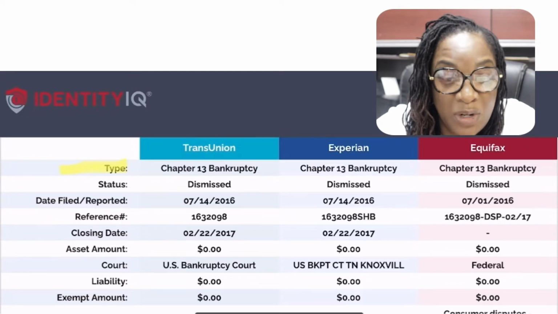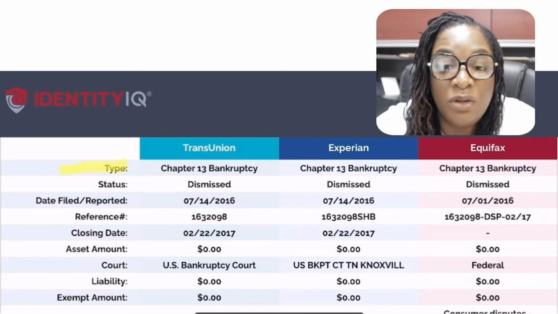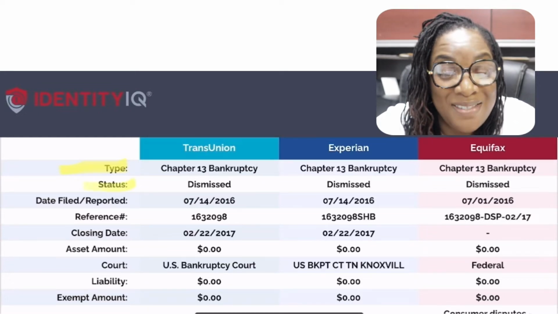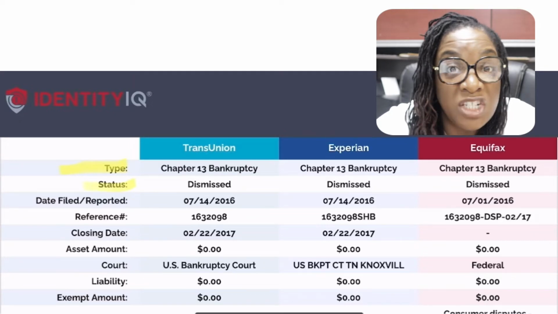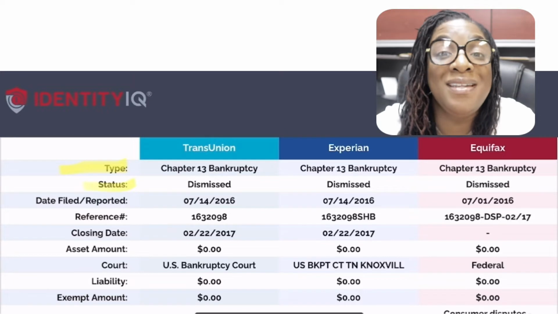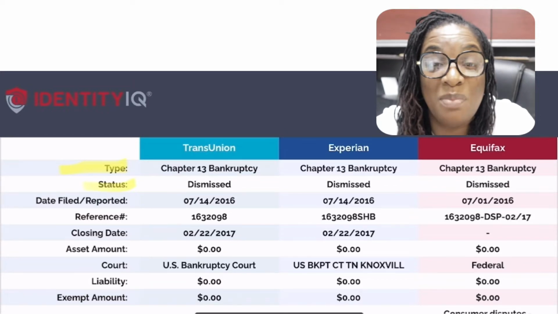So in this particular case, under status, now this is a client of mine. With that being said, this is actually reporting inaccurately because this is a discharged bankruptcy, not a dismissed bankruptcy.